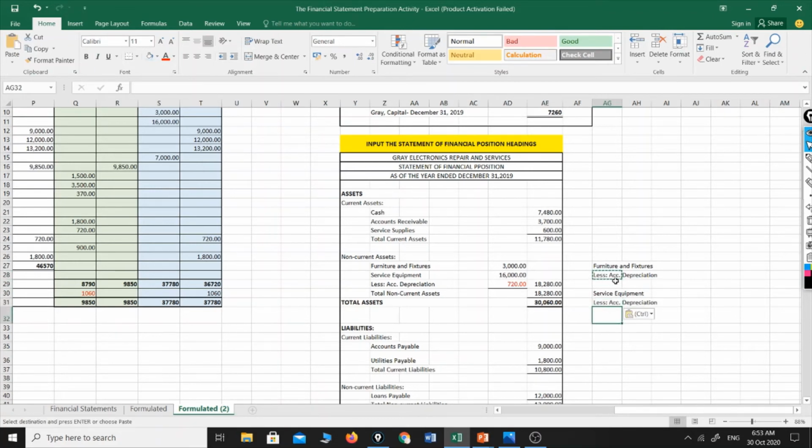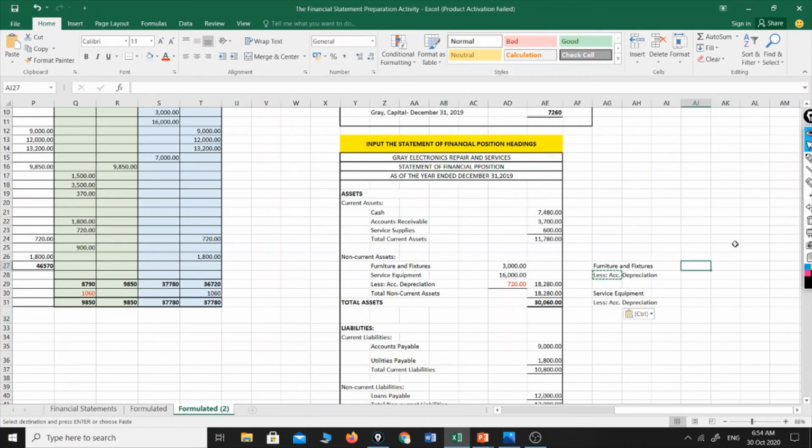If you have furniture and fixtures, you deduct the related accumulated depreciation for furniture and fixtures, and put the net amount there. Next, for the service equipment, you deduct its related accumulated depreciation and show its net amount. Then you add all the net amounts. That's how you come up with total non-current asset.